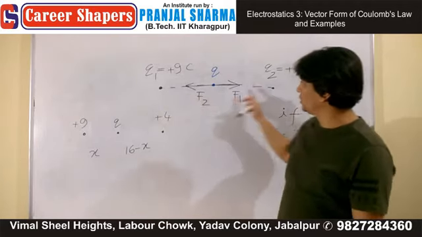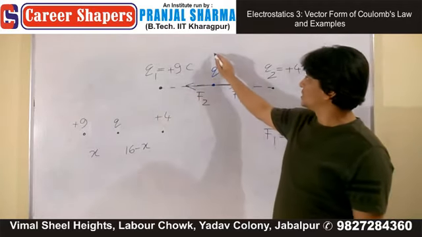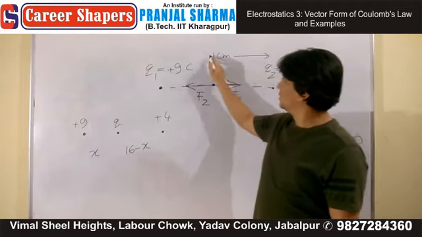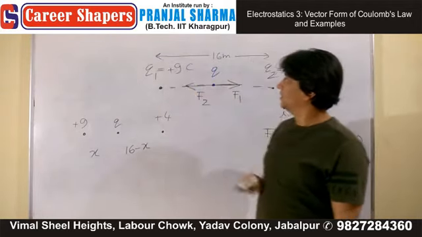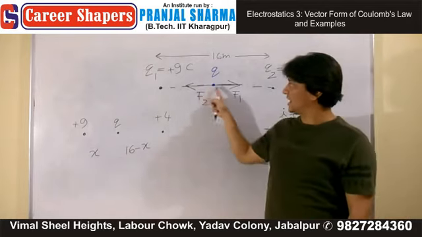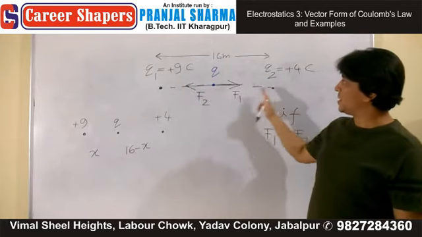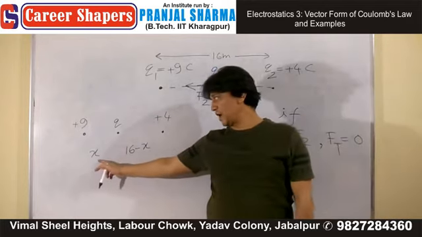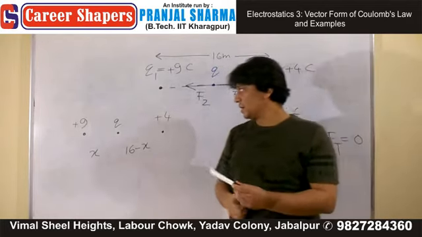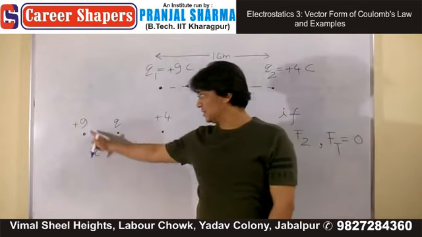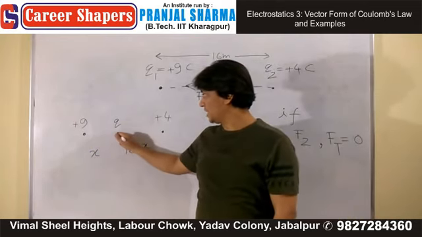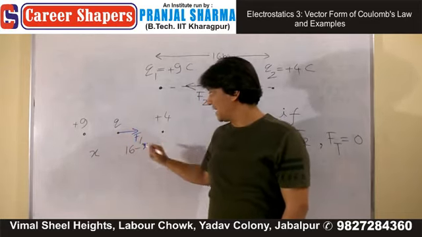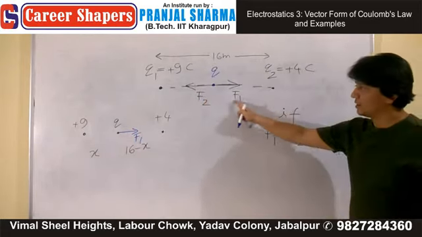Total distance between Q1 and Q2, that was given 16 meters. So if this much is X, then what is the remaining distance? 16 minus X. And question says we need to find what? X. So far we have done what? This 9 is going to repel Q in this direction with magnitude F1.